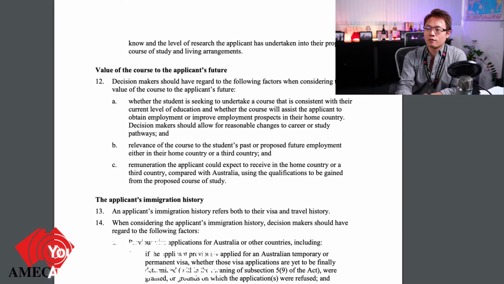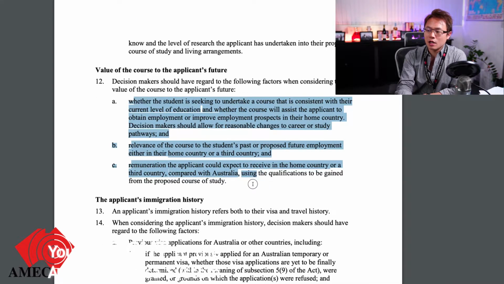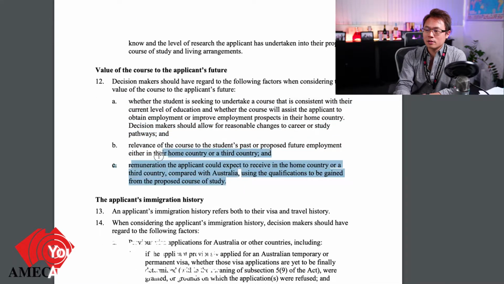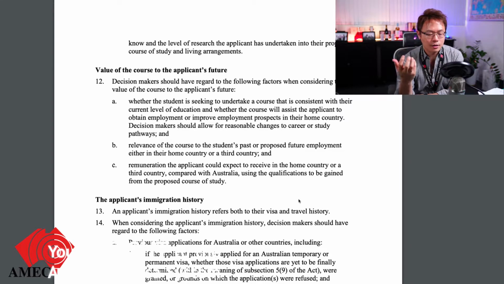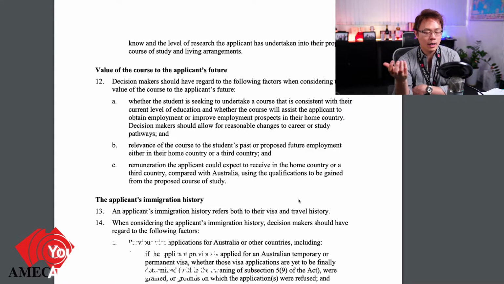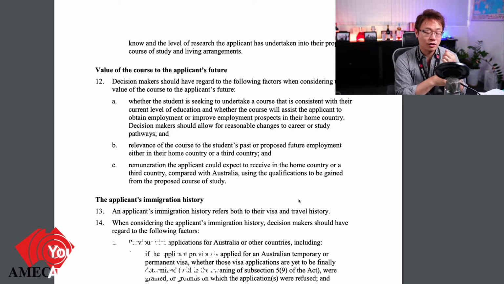Okay, and the value of the course. You need to tell them the pros and cons, but generally you need to tell the pros. Again, if you were an engineer, why are you studying agricultural studies in Australia now? Then you need to tell them.